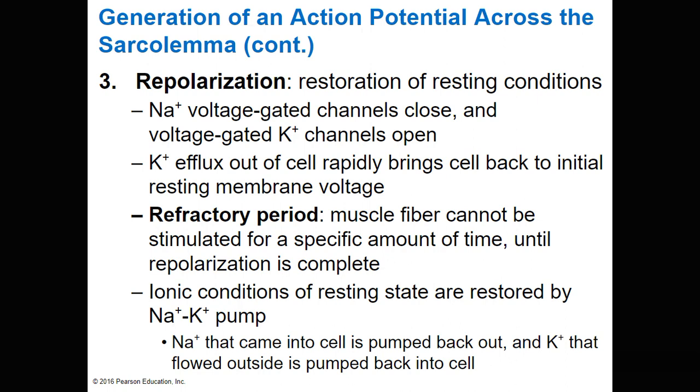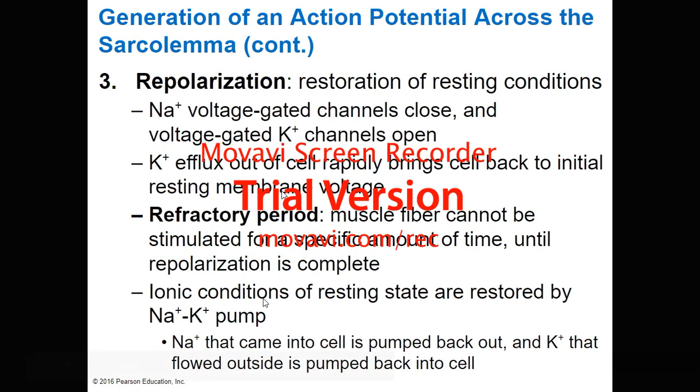That's the restoration of resting conditions. The voltage gated sodium channels close, and the voltage gated potassium channels open, so potassium goes out of the cell. The sodium potassium pump also pumps 3 sodium out and 2 potassium in, helping restore the resting membrane potential.